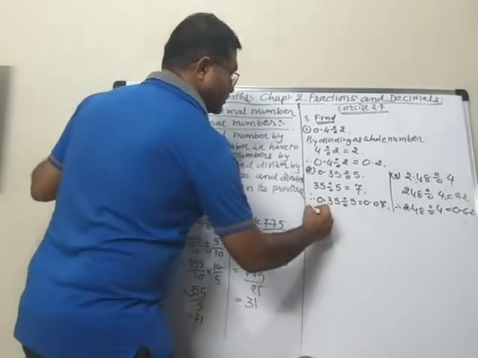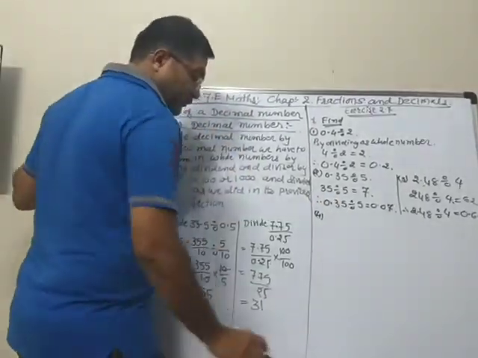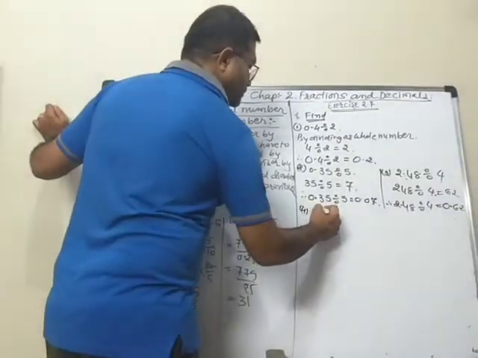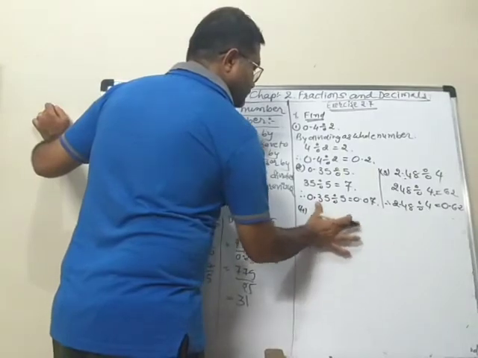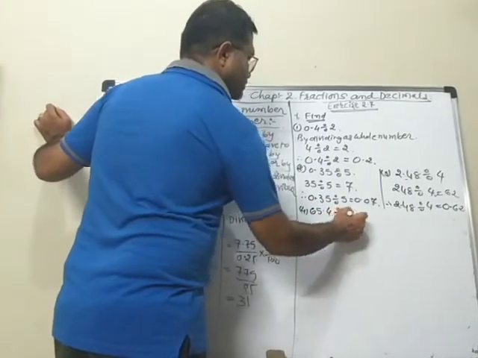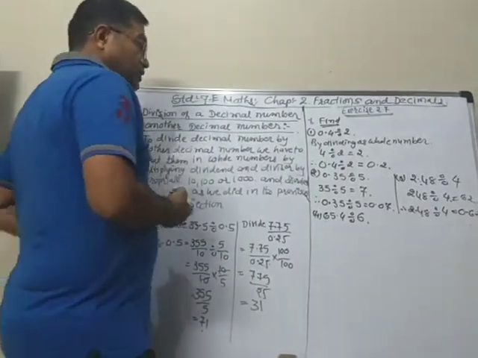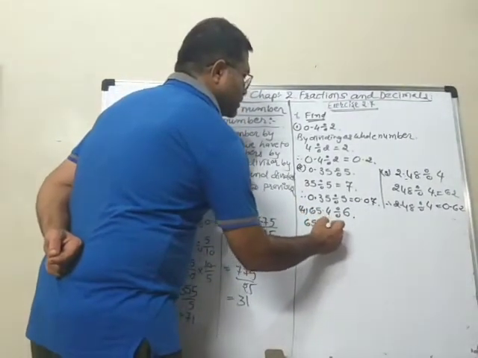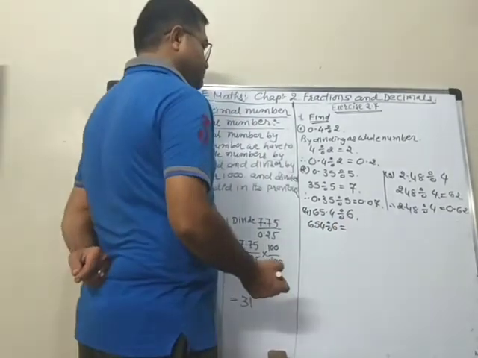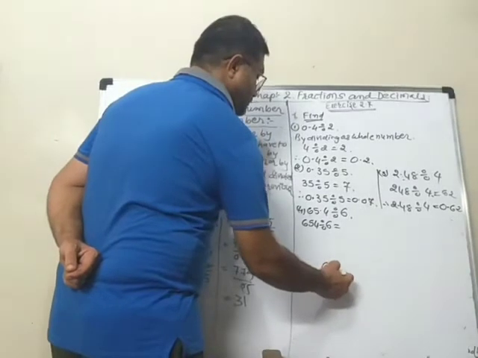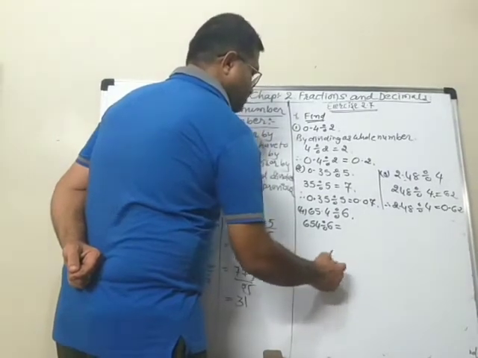Now the fourth one. In the fourth one, it is 65.4 divided by 6. Now 654 divided by 6. 654, 6 ones are 6.